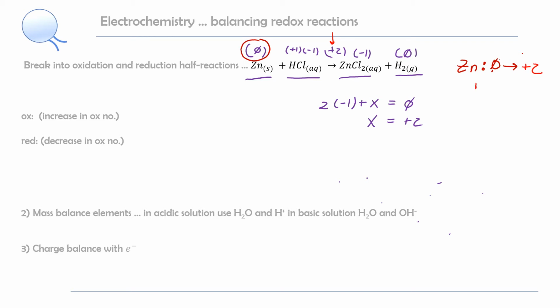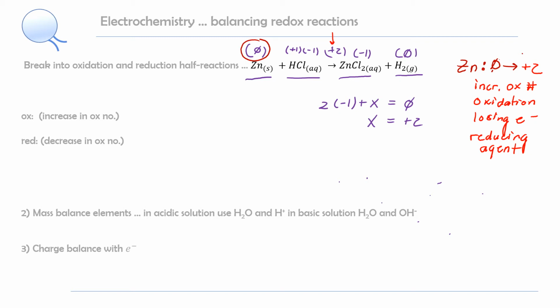That is an increase in oxidation number. So that tells me zinc is undergoing oxidation. Zinc is losing electrons. Zinc is behaving as the reducing agent because it is making electrons available to something else and is reducing the other substance.